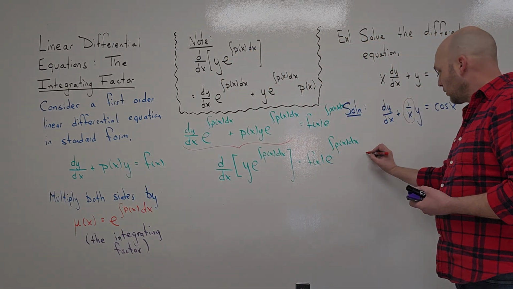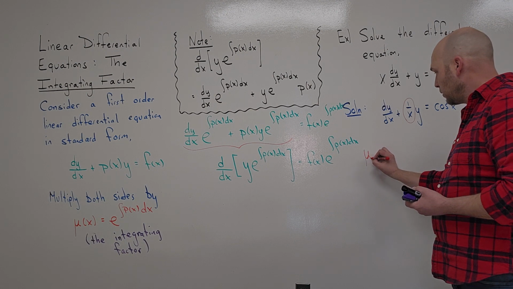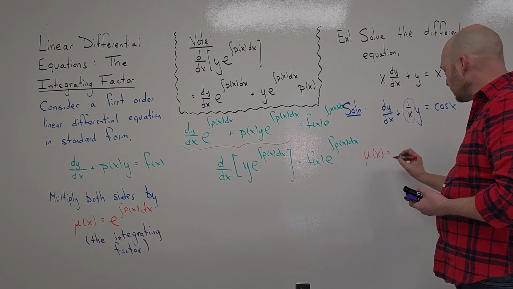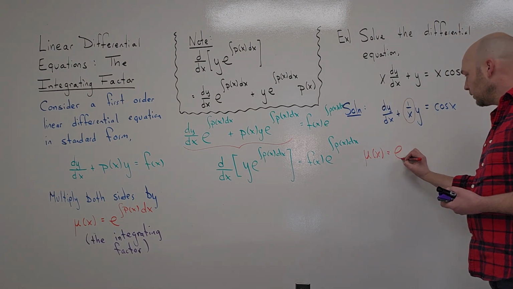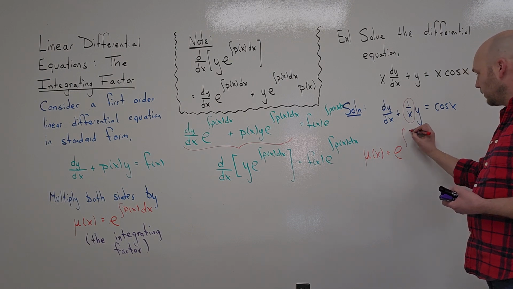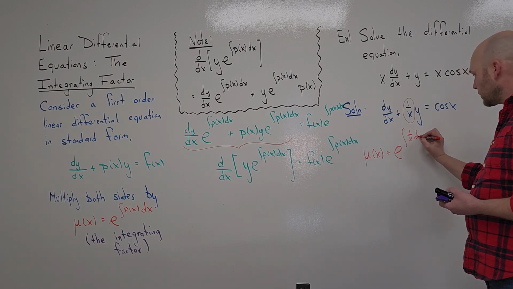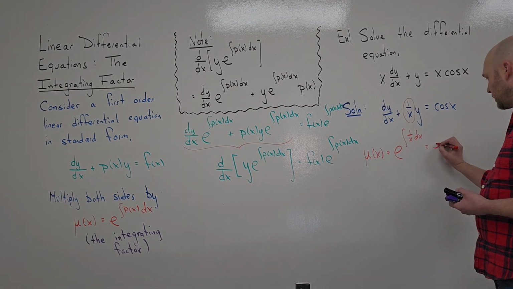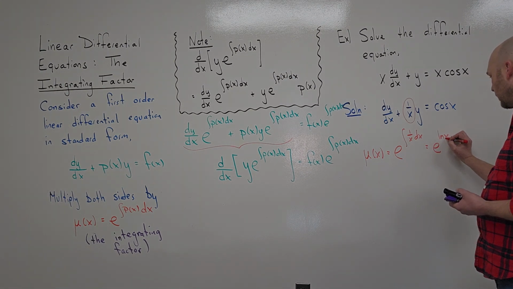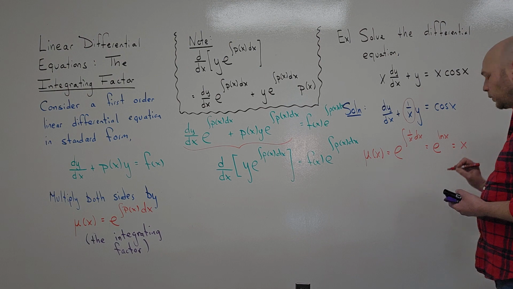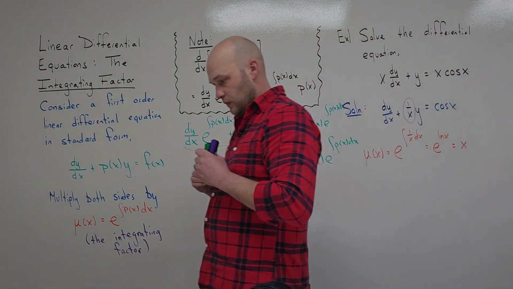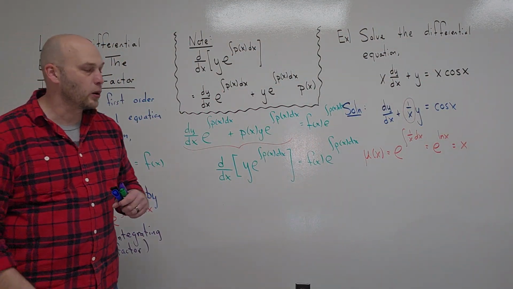So the integrating factor, mu of x, is e to the antiderivative of 1 over x dx, which is e to the natural log of x, which is x. That's what I'm going to multiply the equation by.